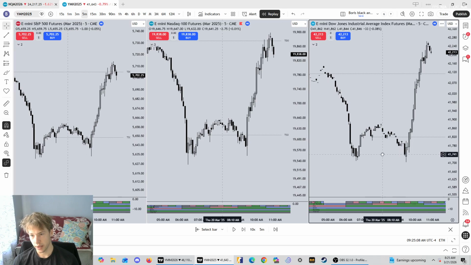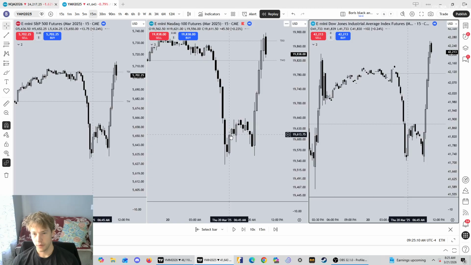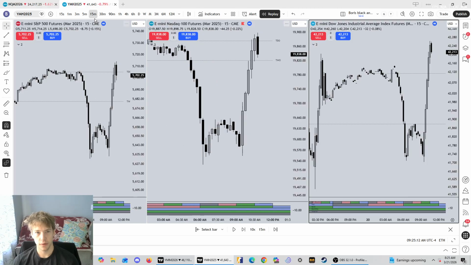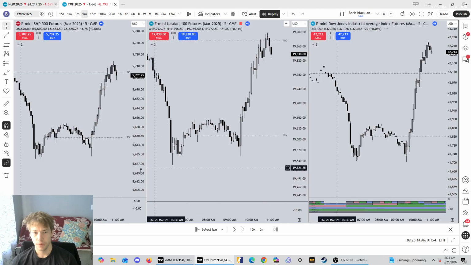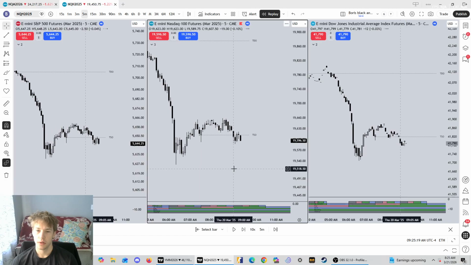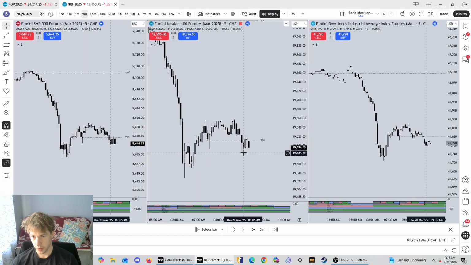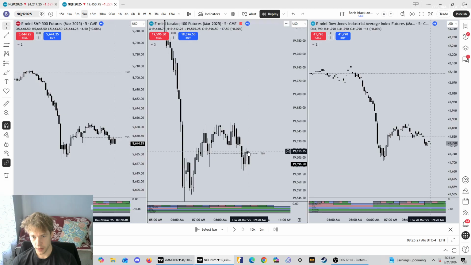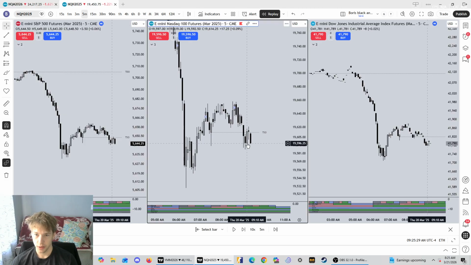this isn't a great example, but let's go on the 15. Okay, so let's say we're on the 5 minute here and we're looking at it from this angle. What was the purpose of this candle? Well, the purpose of this candle was to manipulate, and then we had a PSP right here, and then we closed below.